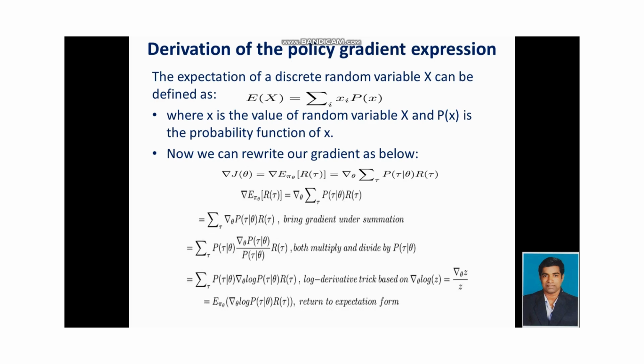Now we can rewrite our gradient as below. Gradient of the objective function J of theta equals the gradient of the expectation under pi theta of R of tau, equals gradient theta of the summation over tau of probability of tau given theta times R of tau.